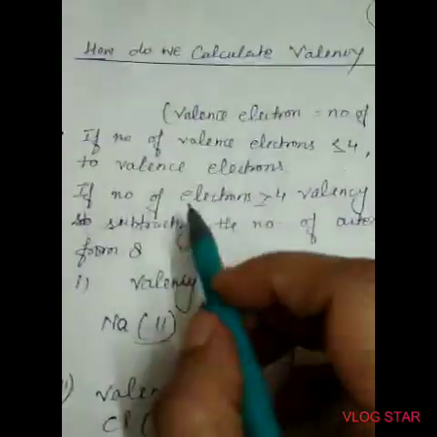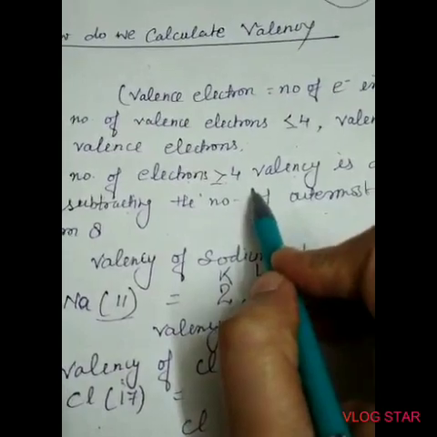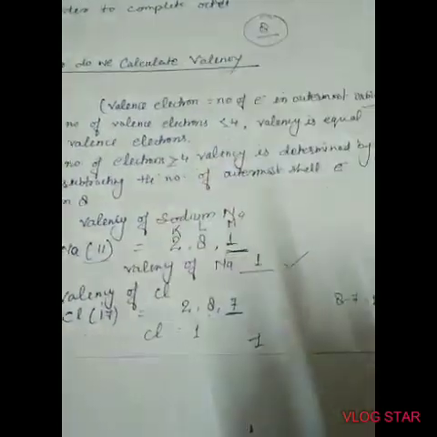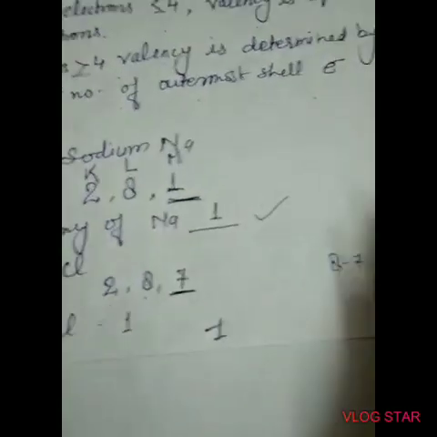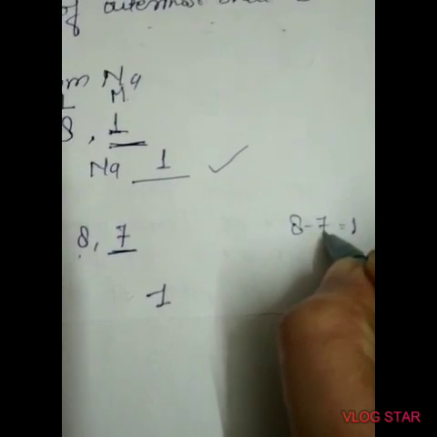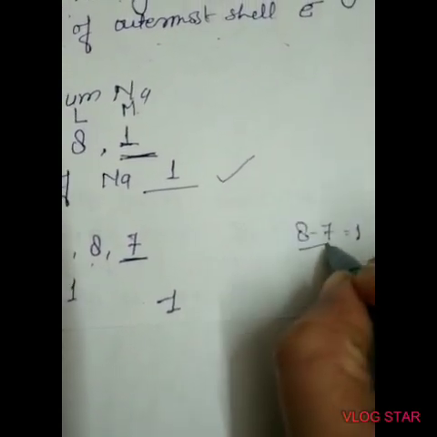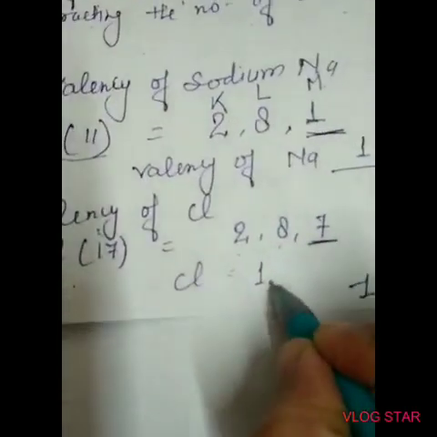According to the second rule, if the number of electrons is more than 4, valency is determined by subtracting the number of outermost orbit electrons from 8. So subtract 7 from 8. How much? 1. So the valency of chlorine will be 1.